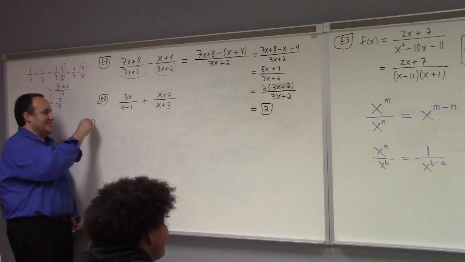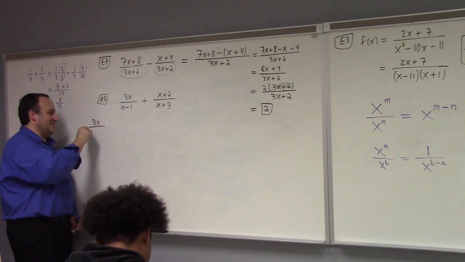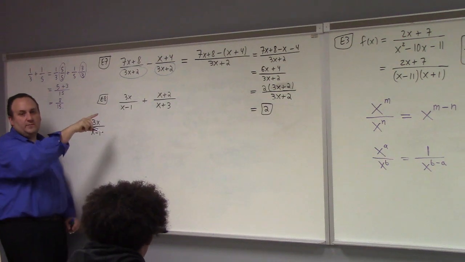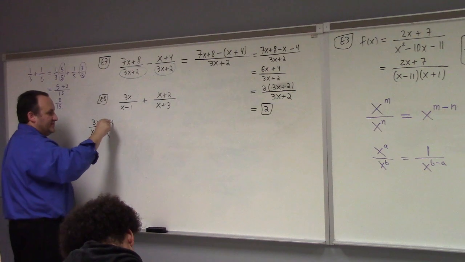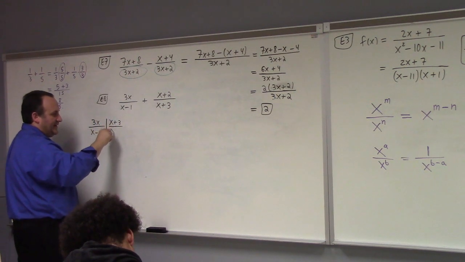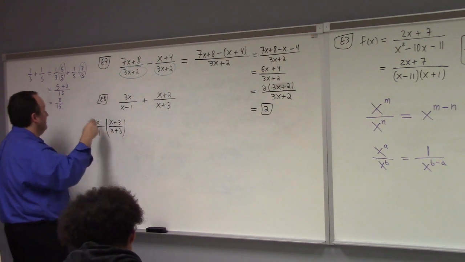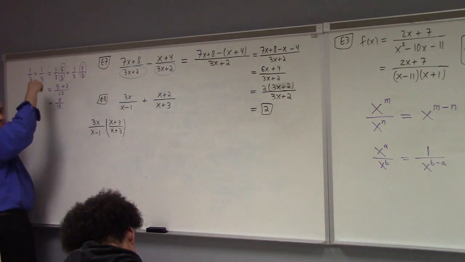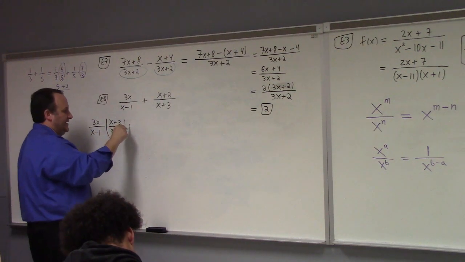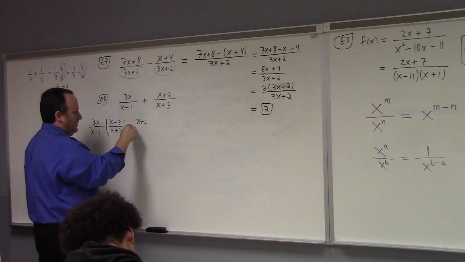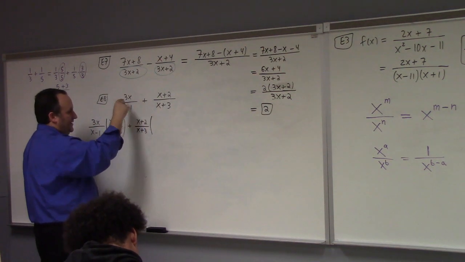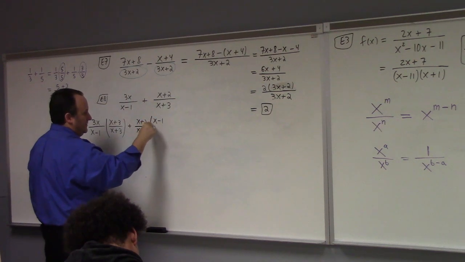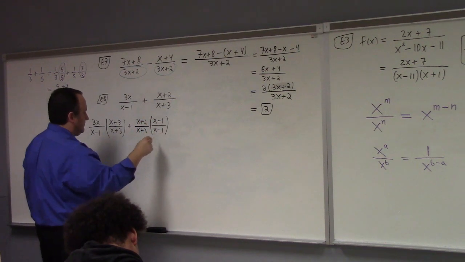Let's see here. So 3x over x minus 1. I take this first part and I'm going to multiply it by x plus 3 over x plus 3. Then I take my x plus 2 over x plus 3 and I multiply it by a different one, x minus 1 over x minus 1.